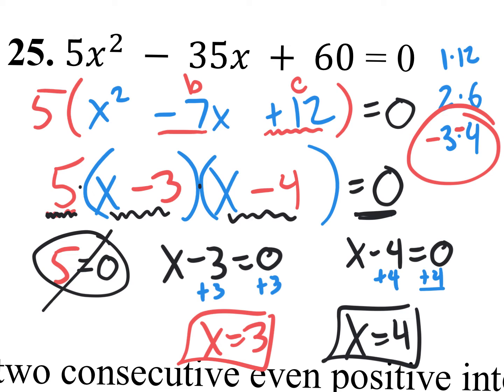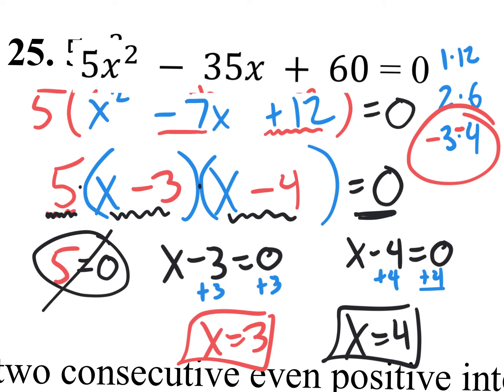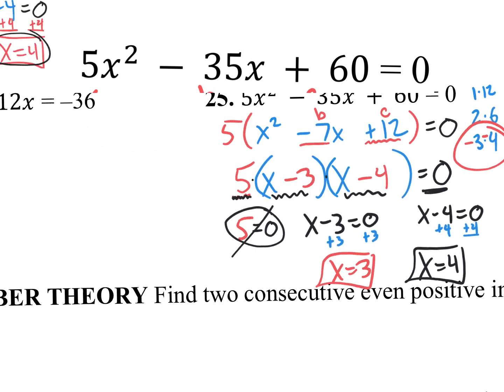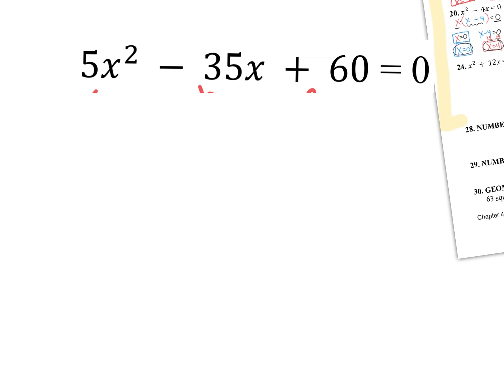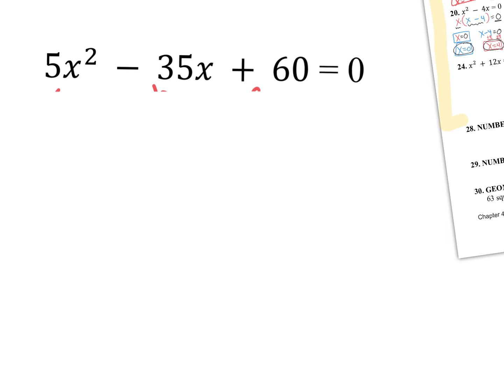Let me just explain this problem a slightly different way. My first step on this problem was to factor out the GCF of 5. But in reality, that's just because I wanted you to practice factoring, because on any equation, you could do whatever you want to the equation as long as you do it to both sides, to the entire equation. So you could have technically, I think you mentioned it, divide by 5, divide by 5, divide by 5, divide by 5, including that 0.